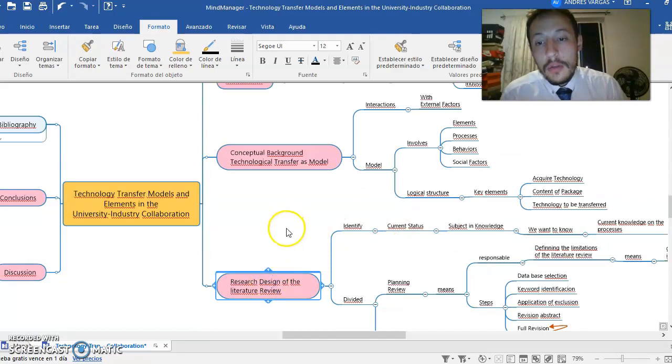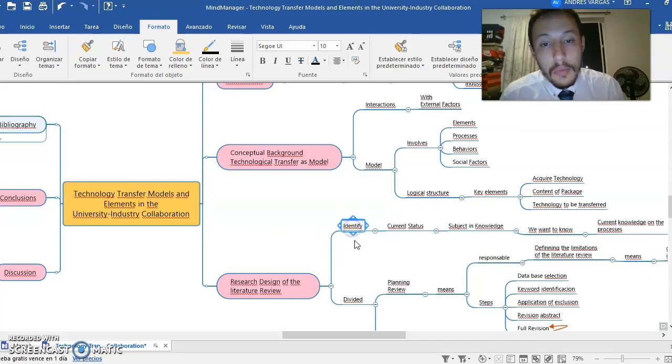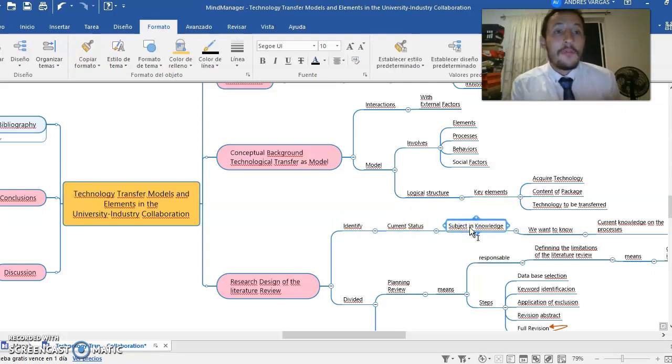Then we have the research design and the literature review. That means we have to identify the current status of a subject of knowledge. What is the topic of the knowledge? What is the subject? What is the objective of that knowledge?